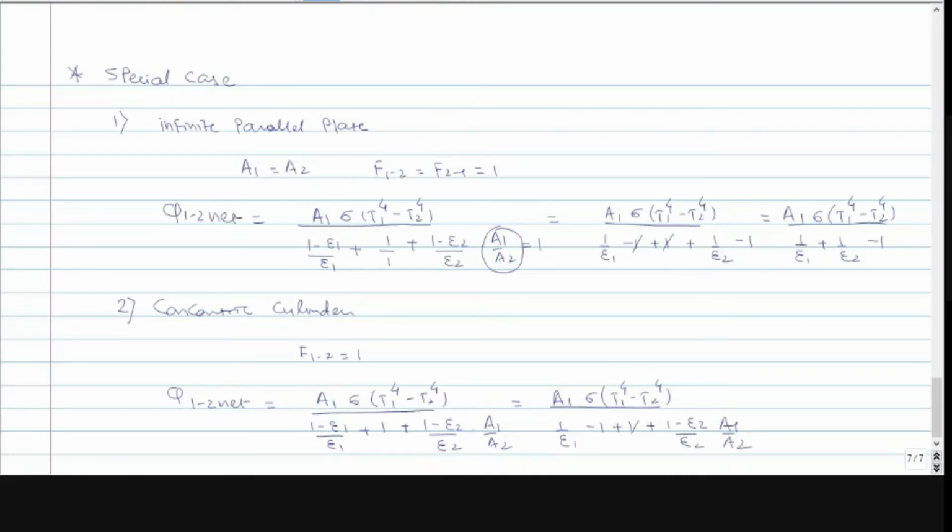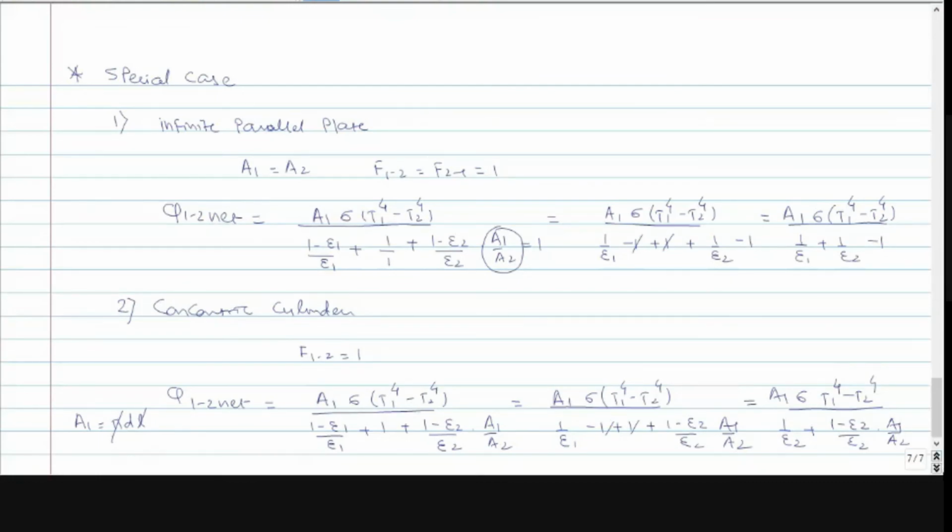So this 1 is cancelled out, and we get A1 sigma (T1 to the power 4 minus T2 to the power 4) divided by 1 upon E1 plus (1 minus E2) upon E2 into A1 by A2. Now the area of the cylinder is pi d into L. The length is common and pi is common, so they cancel out, and we get d1 upon d2, or you can write it as r1 upon r2.